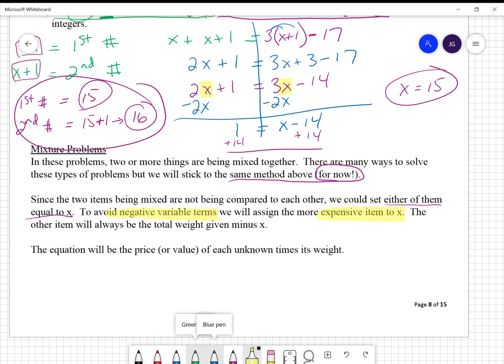It doesn't have to be done that way, but if you want to avoid negatives, that's what we're going to do. The other item will always be the total weight given minus x. The equation is always going to be the price or value of each unknown item times its weight equals total value.